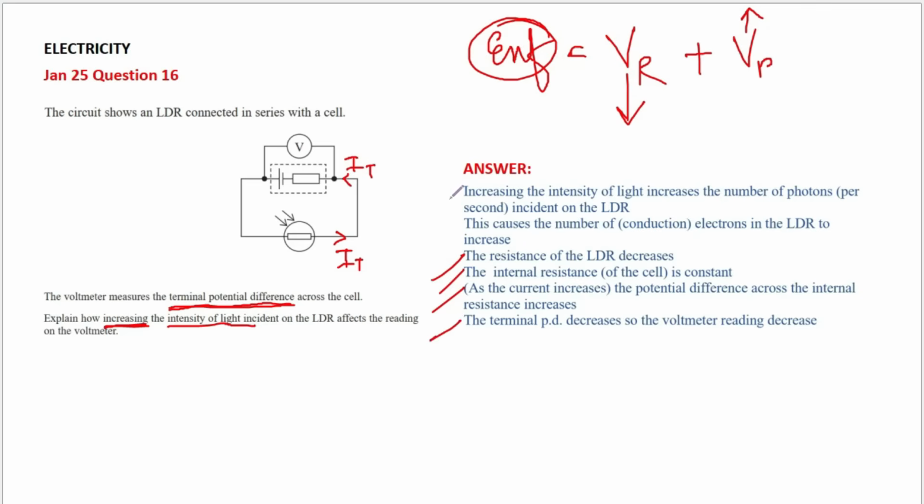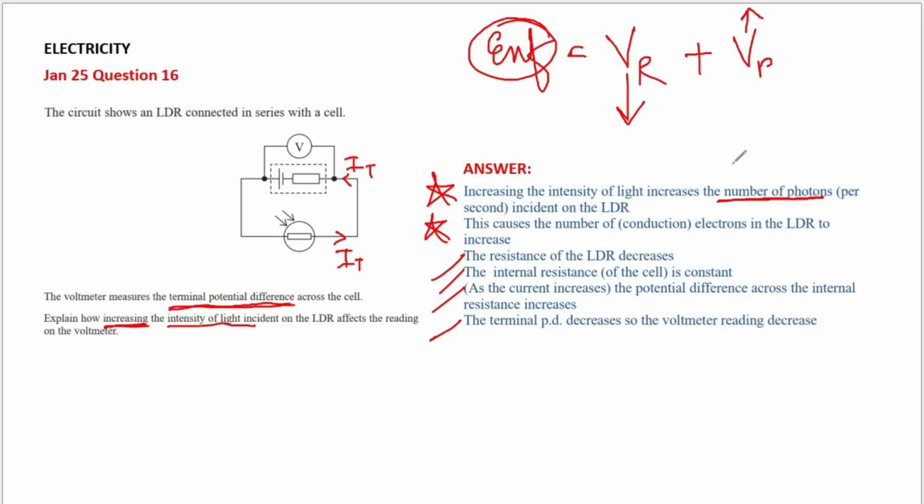So the other 2 points: increasing the intensity increases the number of photons incident on the LDR. This is not a very relevant point. They gave this because you have to make this a 6-mark answer. Always remember, intensity is associated with number of photons.